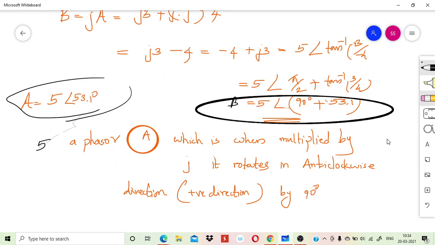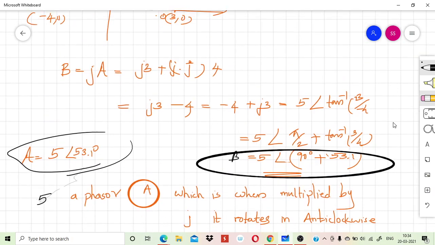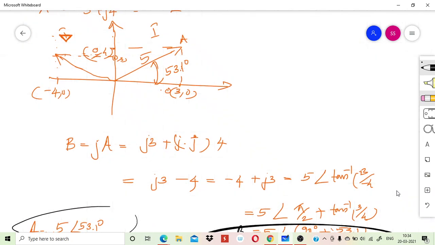So the phasor A, when multiplied by j, rotates in the anti-clockwise direction, that means in the positive direction, by exactly 90 degree.